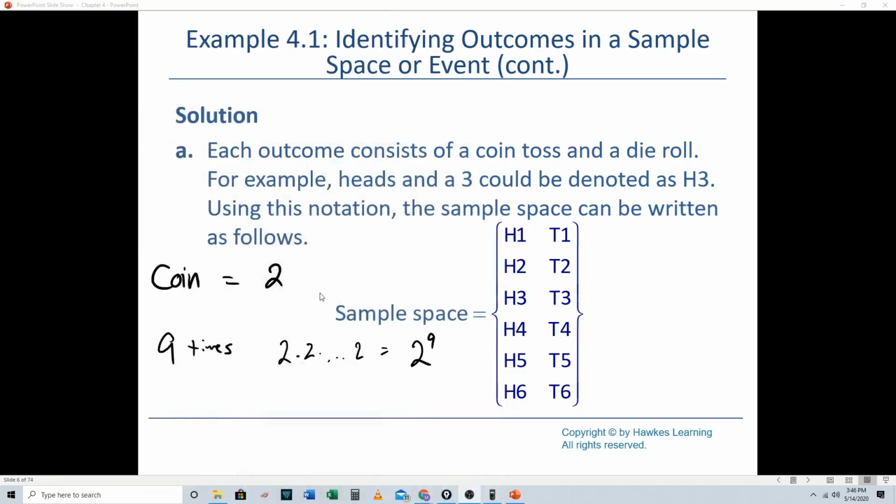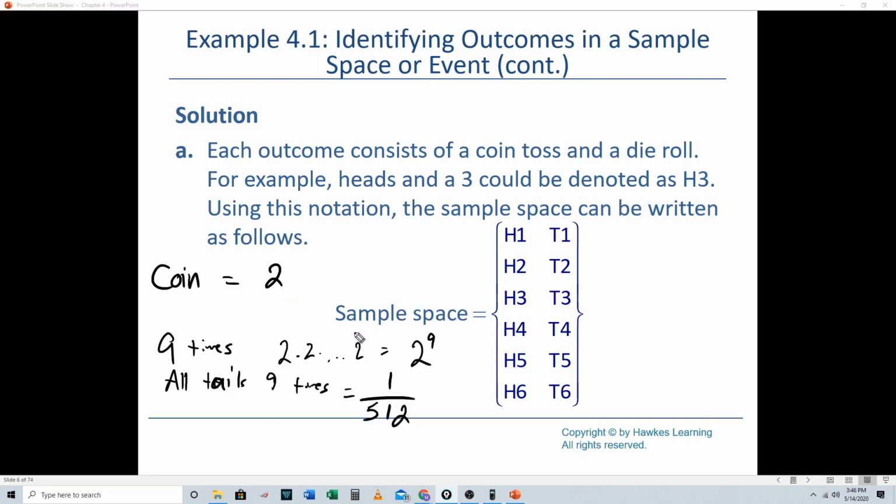When it comes to getting all tails, 9 times, well, there's only one way to get all tails, and we just said the denominator, the total number of outcomes, was 512. Now we'll talk about probability a little more in just a second, but since we're talking about sample space, how you find the denominator is basically the sample space.